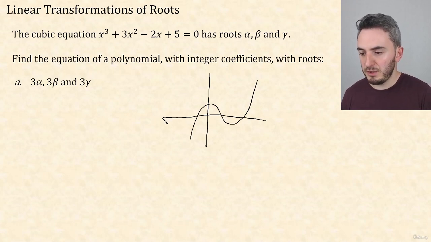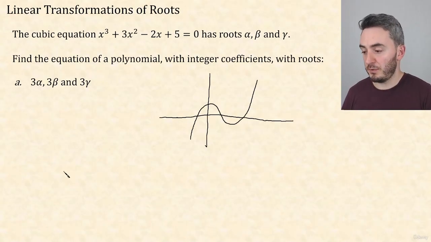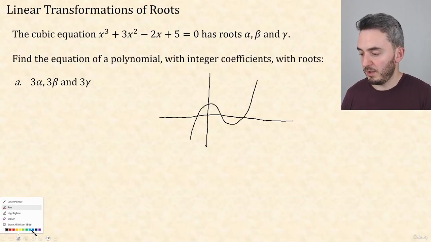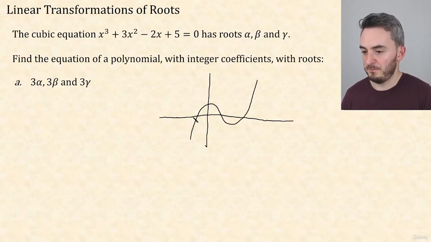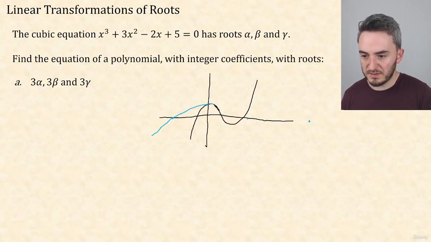Now, if our new equation should have roots of 3 alpha, 3 beta and 3 gamma, then each of these should just be multiplied by 3. So this one is going to get stretched out to here. This one's going to get stretched out to about here, and this one will get stretched out to about here. And what we've got is simply a stretched cubic equation. Maybe looks something like this.